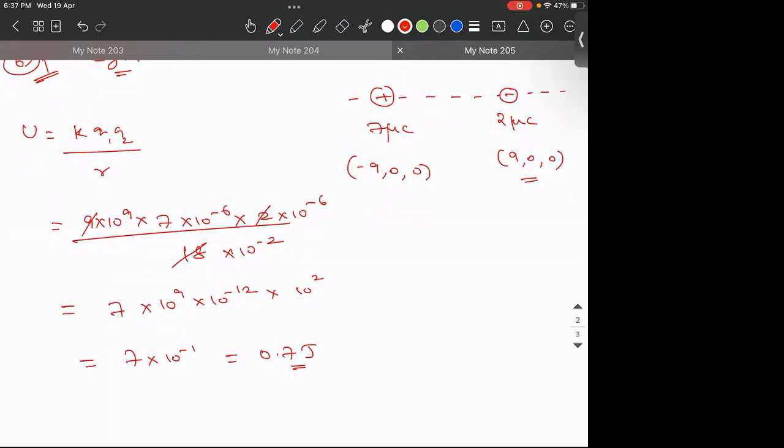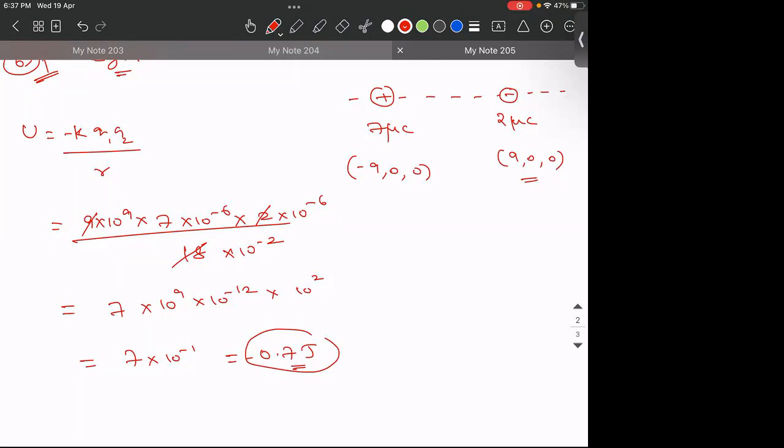So is that the answer? So minus 0.7 joule, because of the minus sign.